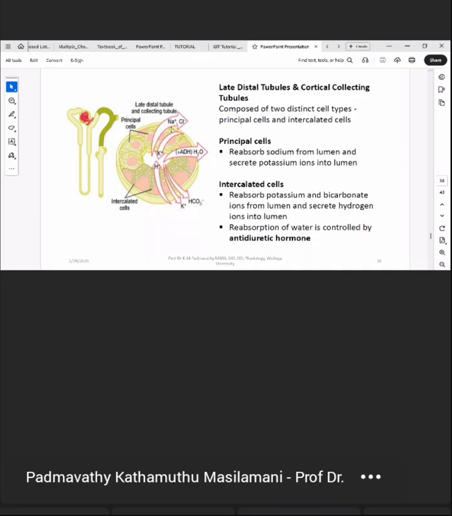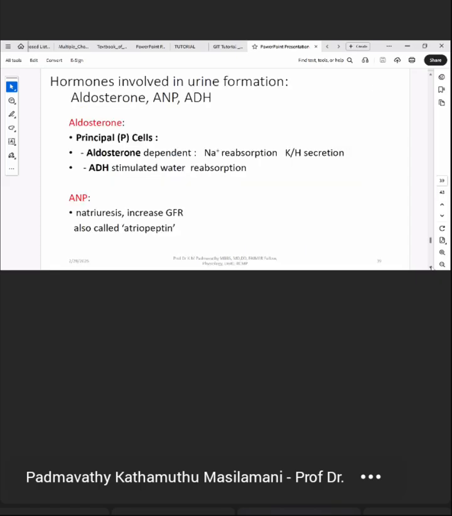So if your acidosis is more, it will secrete more hydrogen ion through the intercalated cells. That is important for the distal convoluted tubule, and it is also a site of action of ADH, for water absorption in the distal convoluted tubule and also the collecting tubule and collecting duct.